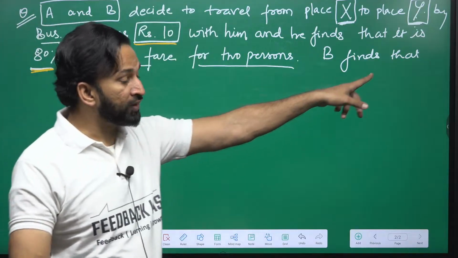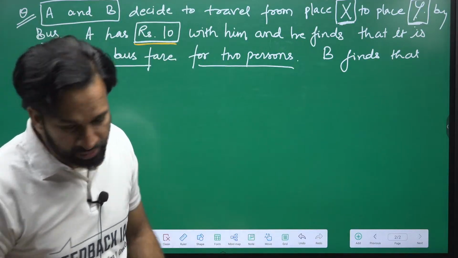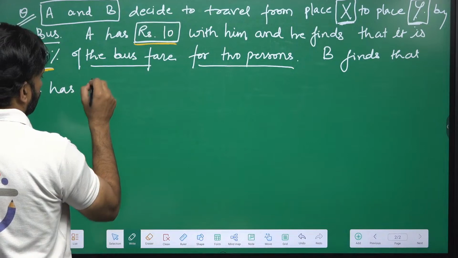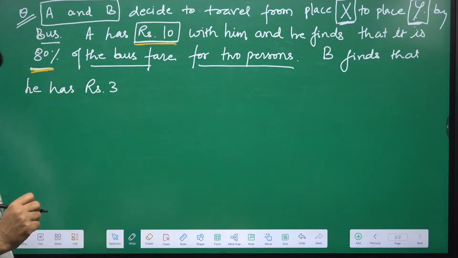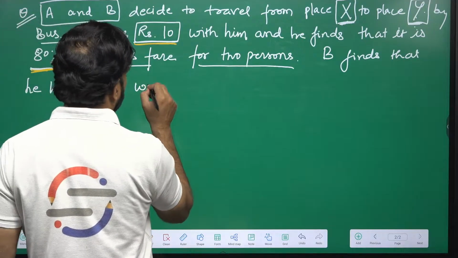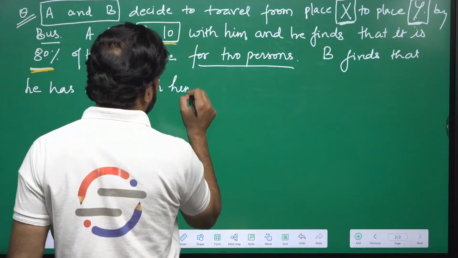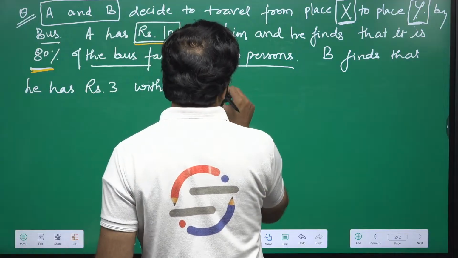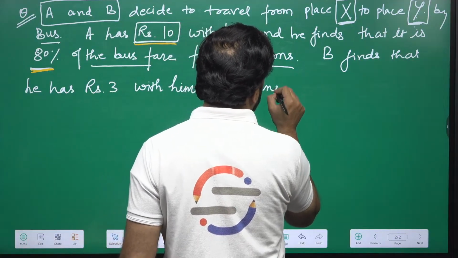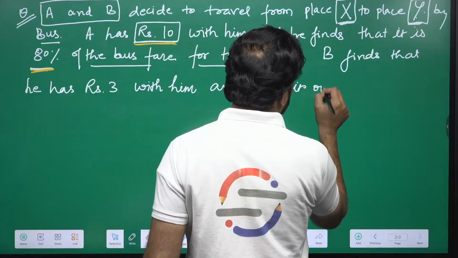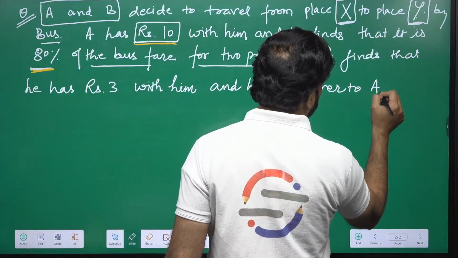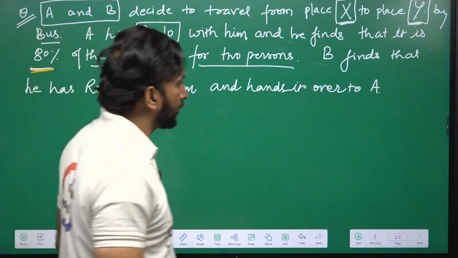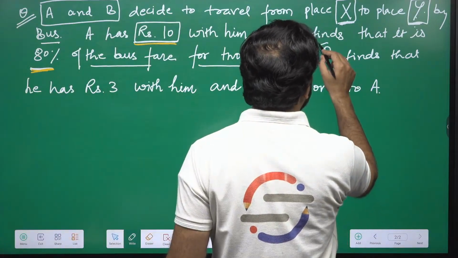Right? B finds that he has ₹3 with him and hands it over to A. In this context, see, this is the second statement.